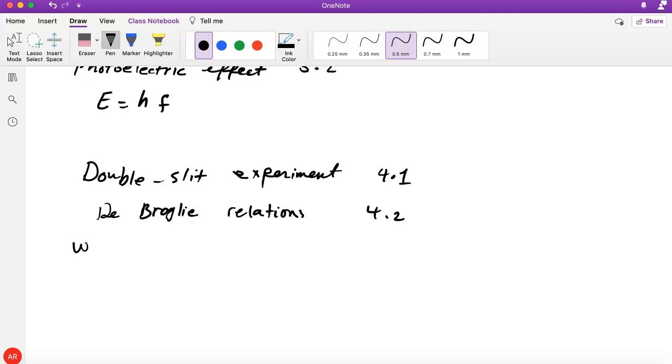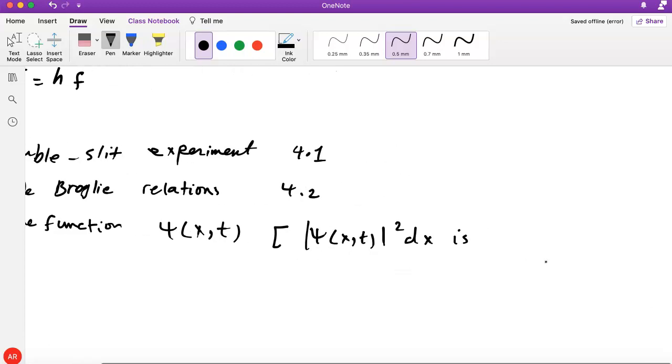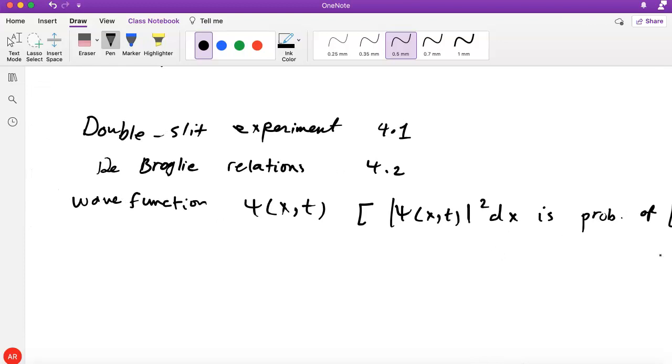So psi of x and t, for example, in one dimension, and then the interpretation is that the absolute value of psi of x and t squared dx is the probability of finding the particle in this interval. This is to some extent discussed in section 4.2. Also, section 4.3 talks about the free particle Schrodinger equation.